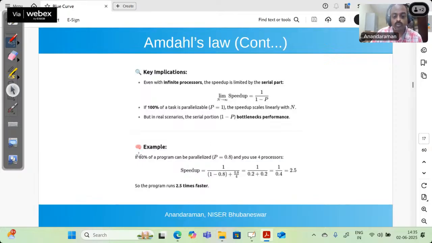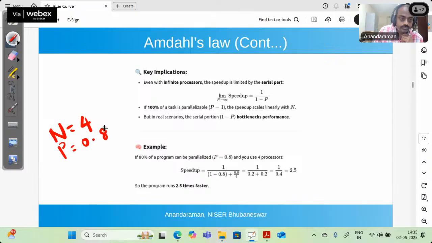Some part of the code has to be executed in serial also. So here one more example is given. If 80% of the program can be parallelized, p is equal to 0.8, and it uses 4 processors, so n is equal to 4. Then 1 minus p is 0.2.